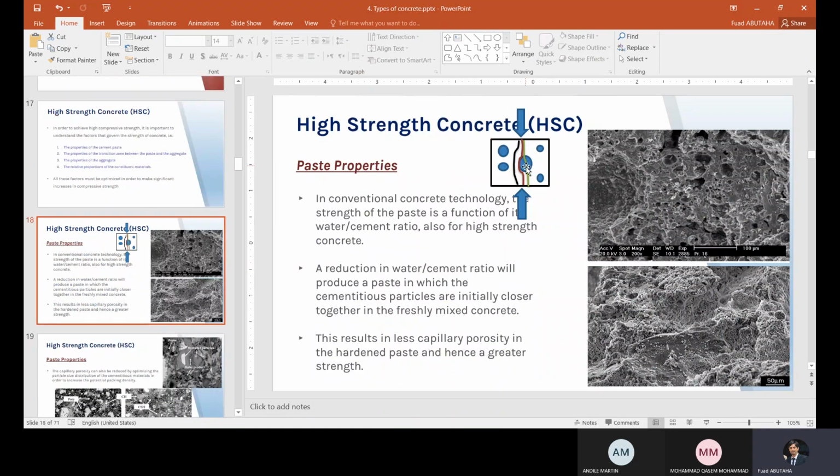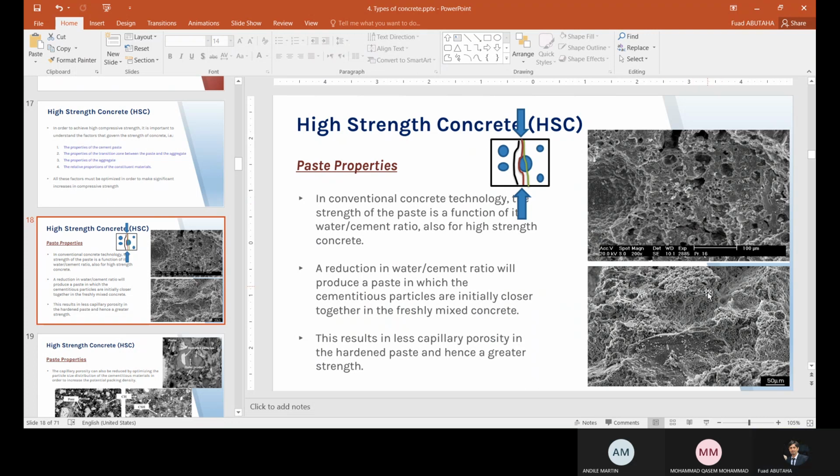Aggregate is aggregate, sand is sand. The mineral admixtures, the water cement ratio, the reaction, all are part of the cement paste, the cement hydration. So the first one is the water cement ratio. It makes the concrete more compacted and it increases the strength, reduces the permeability, reduces the porosity of the concrete paste.